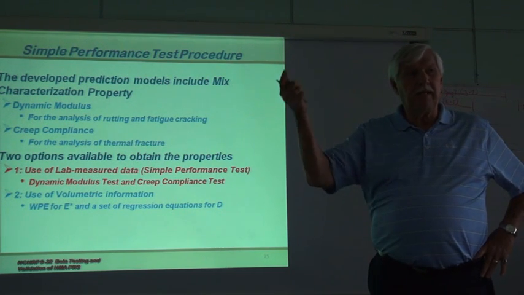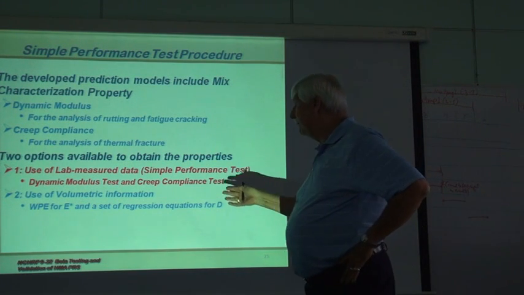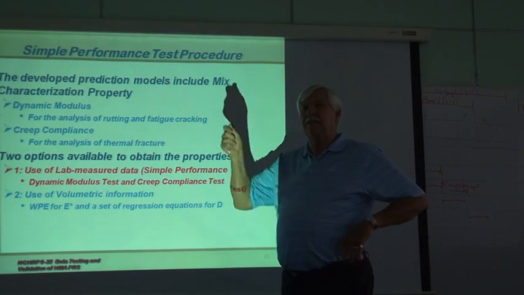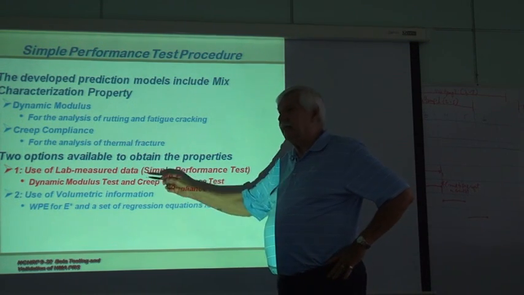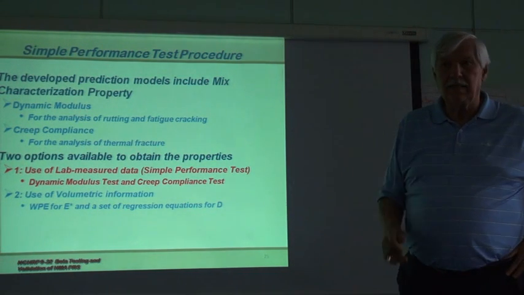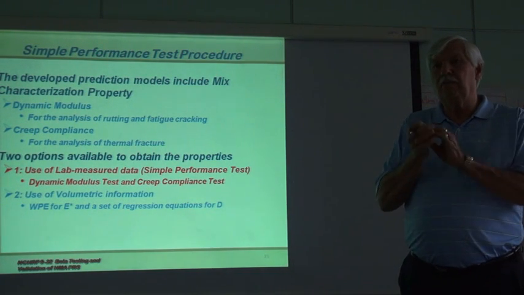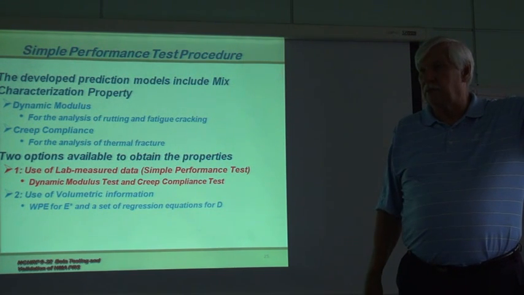So that's one way I can solve this. The other way, and it's obviously the best, but it's the one that's going to take the longest to implement, is that I can actually do the E-Star test in the laboratory.